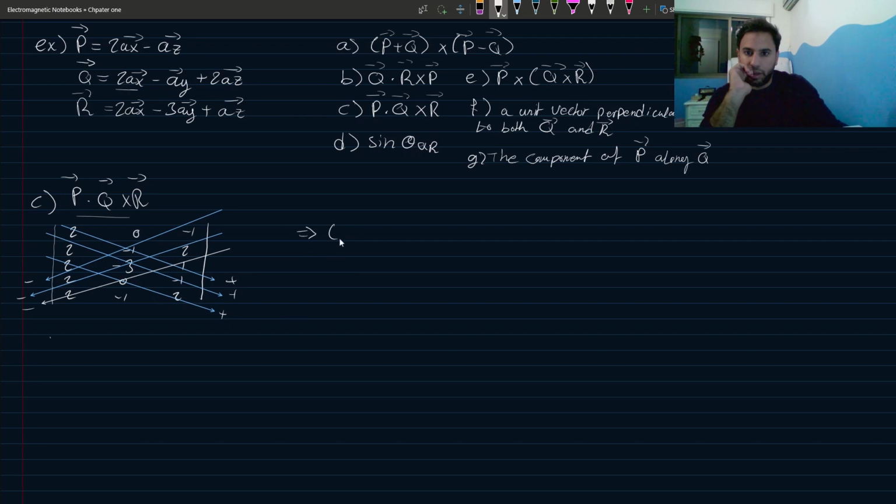Now let's see. 2 times 1 times 0 times 1, that is minus 2, plus, because there's an additional sign here, 2 times minus 3 times minus 1, that is 2 times minus 3 is minus 6, minus 1, and that is 6, plus 0 because it is multiplied by 0, minus 1 times minus 1 times 2, 2, and then there's a negative, minus 2 times minus 3 and 2, 2 and 2, 4 minus 3, that is 12.